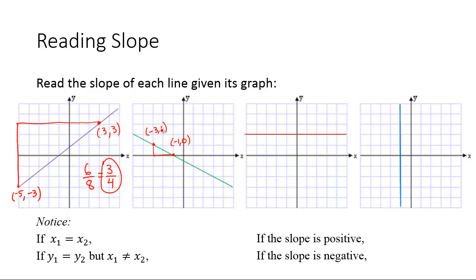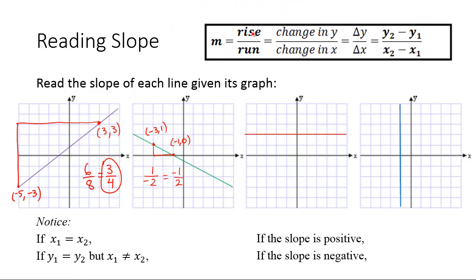And you could subtract, you could go 1 minus 0, that's your rise, it's 1, -3 minus -1, which is actually -2. So what does this mean? Well, this means that you could rise 1 and go left 2, or you can write this as down 1, right 2.